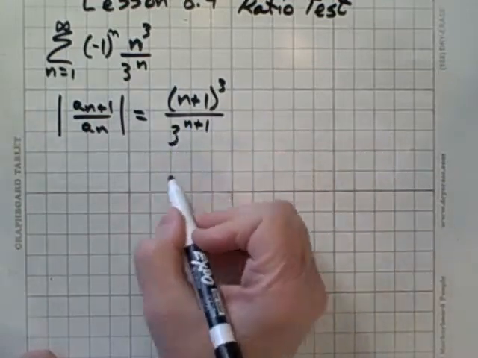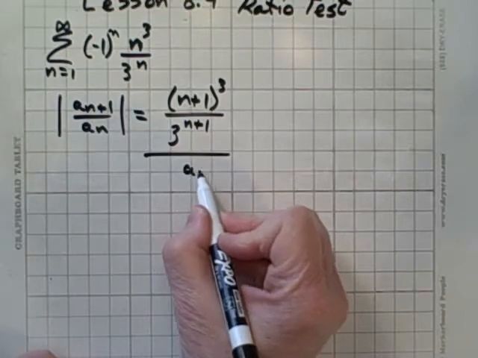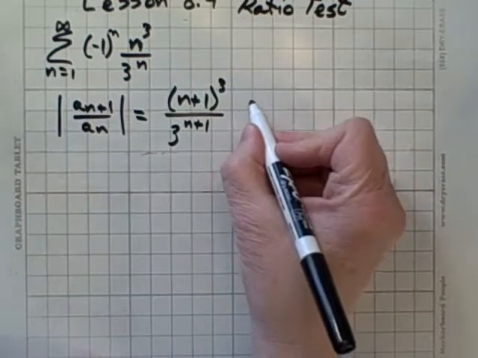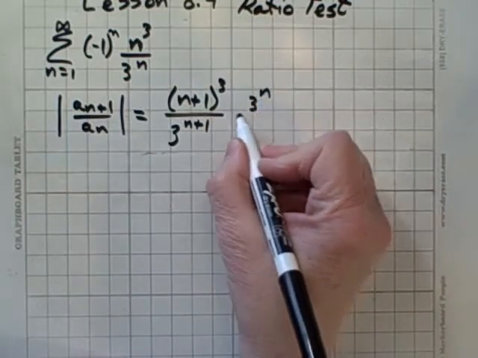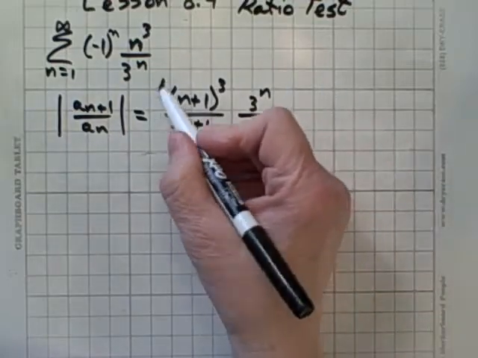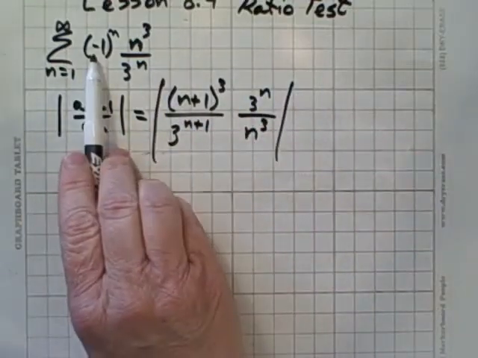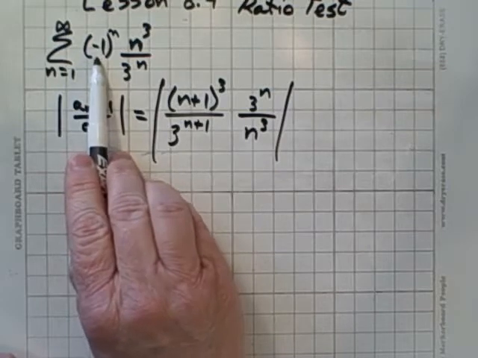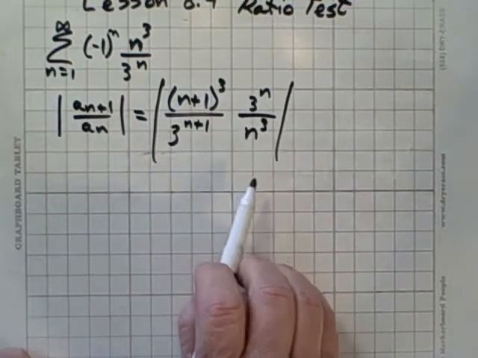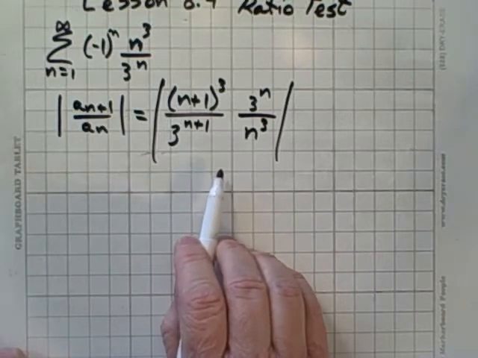And then that would be divided by the nth term, but rather than creating a complex fraction, it'd be faster to just multiply by the reciprocal right away. So 3 to the n over n cubed. Once again, it is absolute value, but we're going to simply drop the alternating sign. n is positive, so the value is going to become positive anyhow.